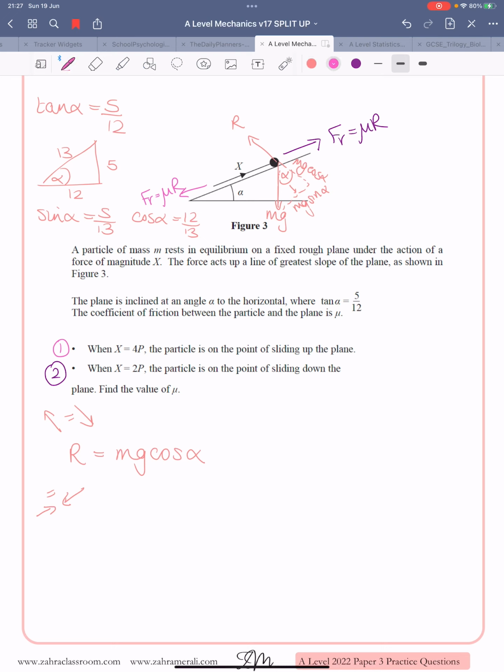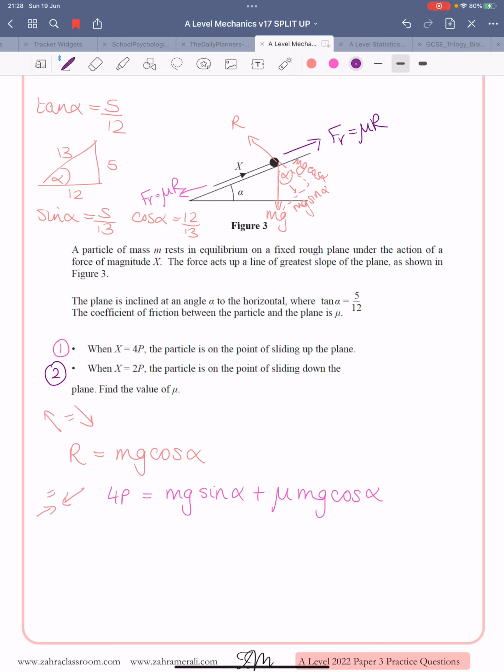So scenario 1, when x equals 4p, we're going to get what? Going upwards on the slope, remember it's the pink friction here, we're going to have x going up the slope, which is 4p, and that's going to equal going down the slope, mg sine alpha plus mu R. But instead of R, I'm going to put in mg cos alpha.